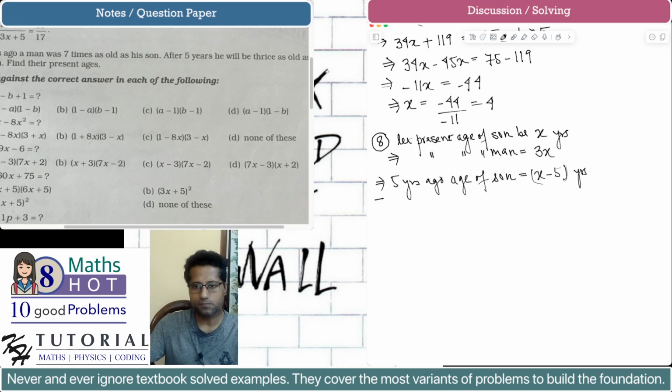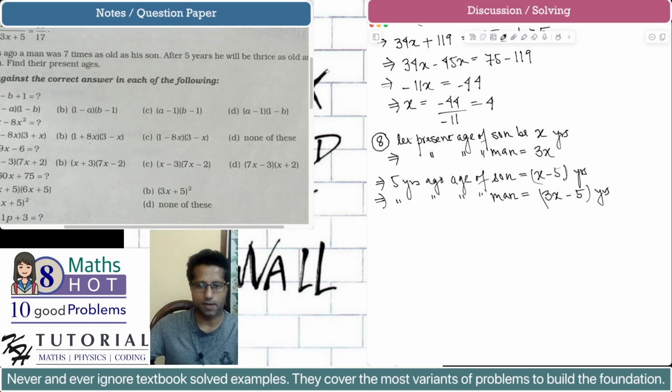Similarly, 5 years ago, the age of the man will be, the present age of the man we know is 3x, so 3x minus 5 years.